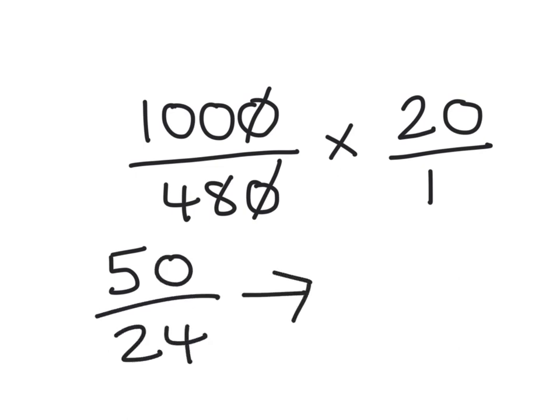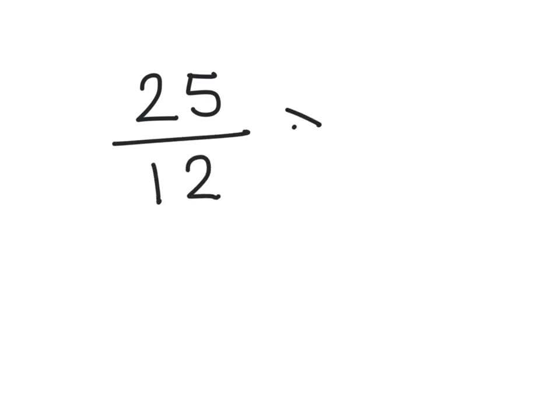Those are again both even numbers, so we can cancel that down by dividing each by 2 to give us 25 over 12. 25 and 12 have no further common factors, so that side of the equation has now been reduced to its simplest terms. So we can set the formula back up in its simplest terms, which makes it a little bit easier to work with. We've got 25 over 12 multiplied by 20 over 1.